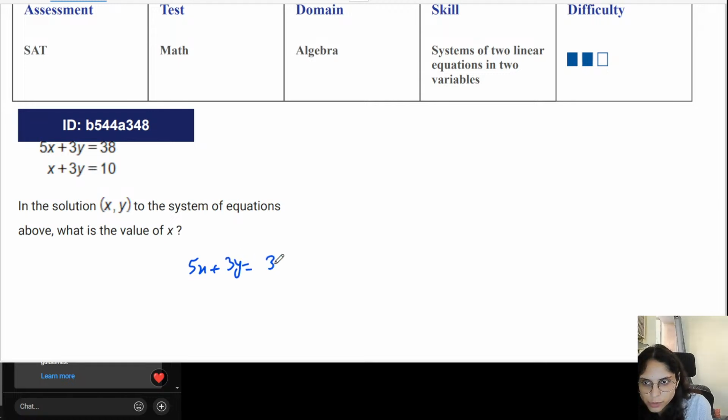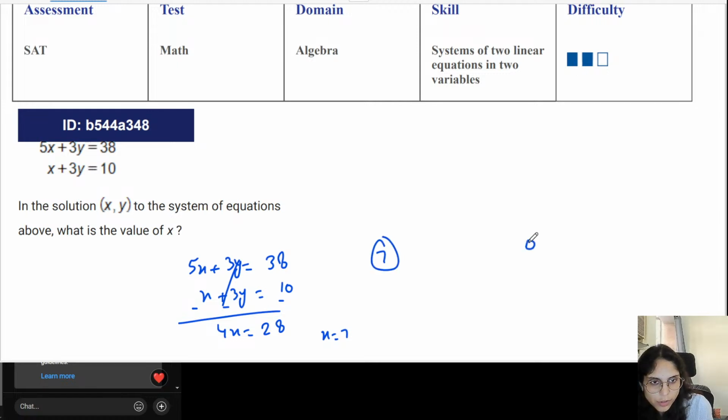So you can subtract. 4x is 28, x is going to be 7. Or you can use Desmos as well, but here it was a small thing, so you can do it directly. So if directly adding and subtracting makes sense, do that. If it doesn't, then go to Desmos.